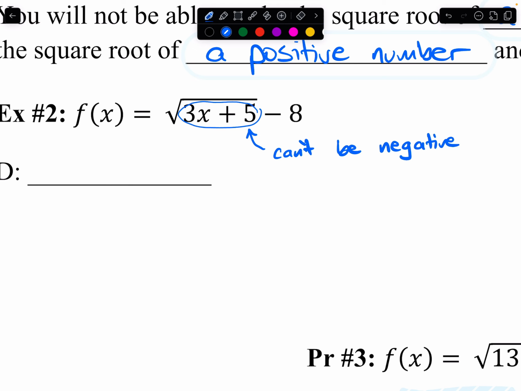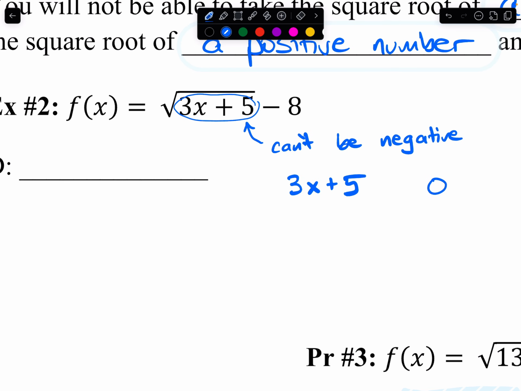Otherwise, I'd be taking the square root of a negative number, right? So, using symbols, that 3x plus 5, if it can't be negative, well, it could be 0. I could compare it to 0 and say it could equal 0, but I could also say it could be greater than 0. In other words, it's either positive or equal to 0, but not negative, right?